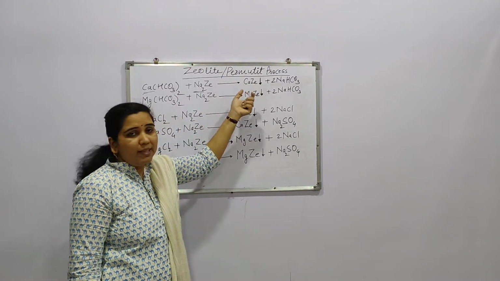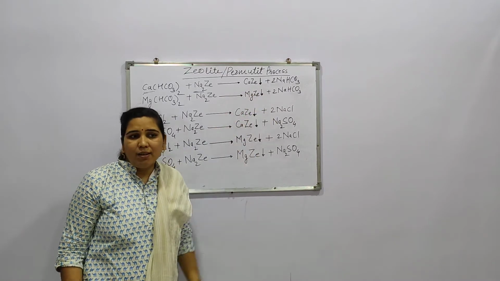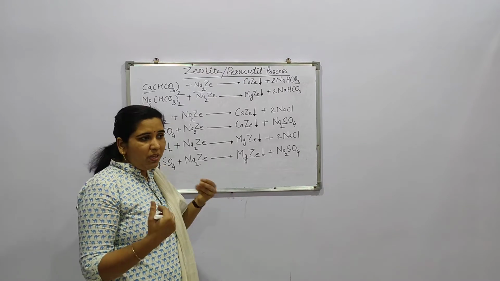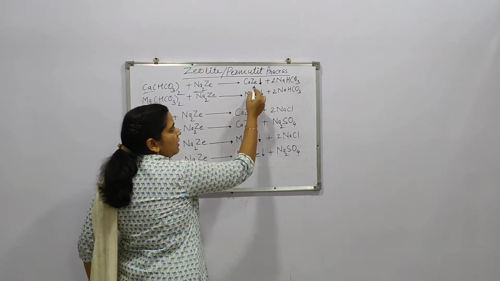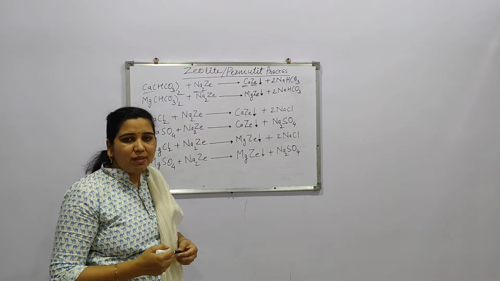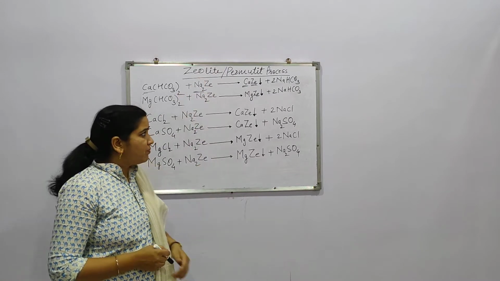Now where this CaZe is, the arrows here mean that it gets stuck in the zeolite bed. It is taken by the zeolite, and this Ca is there. So the Ca zeolite is now present in the zeolite bed, while Na2 is totally replaced.